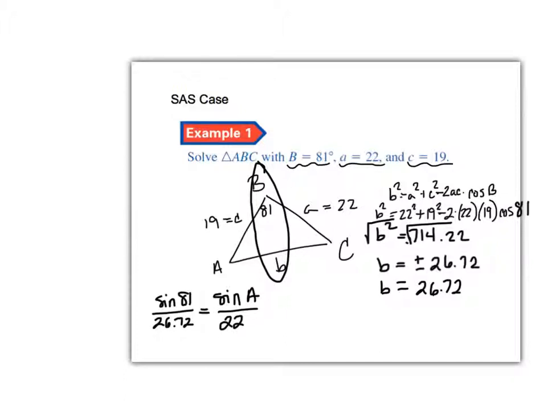All right, so then I cross multiply. I get 22 times the sine of 81 is equal to 26.72 times the sine of angle A.